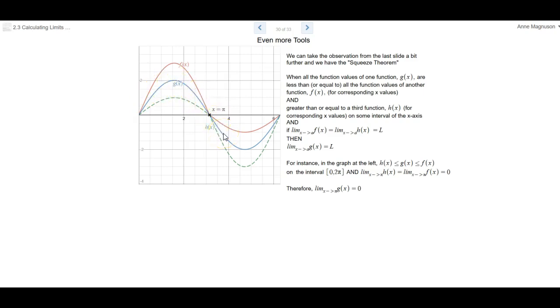Looking at this example, g falls between f and h for all values. The limit as x approaches pi of f and h is 0. Therefore, the limit as x approaches pi of g is also 0. That's called the squeeze theorem. g is squeezed between f and h.